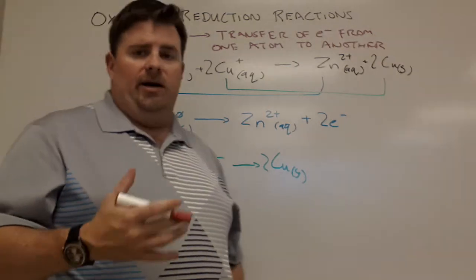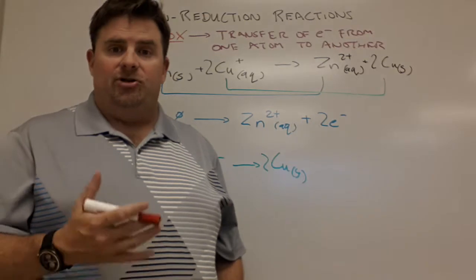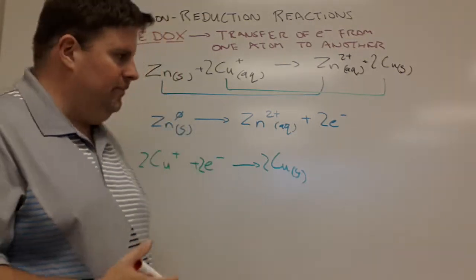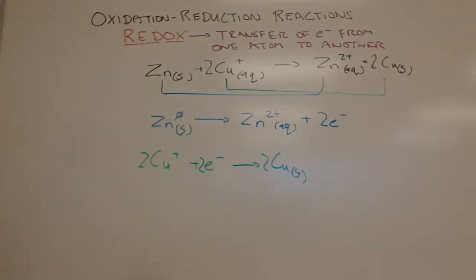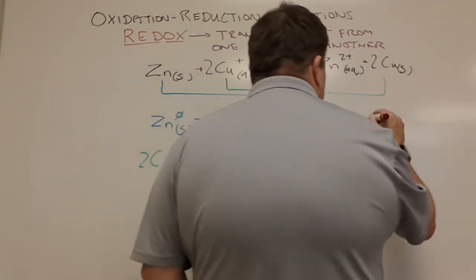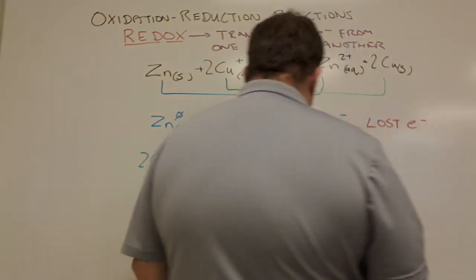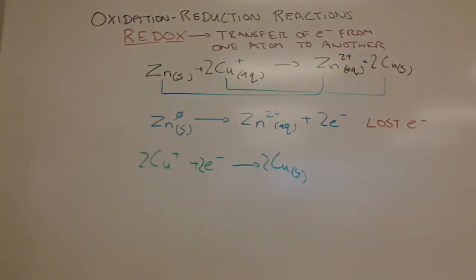Which one is going to be oxidation and which one's going to be reduction? I haven't defined those yet because I want to show you an example, then define them. In the top reaction here, did the zinc lose electrons or did it gain electrons in that half reaction? It lost electrons, okay? Down here with the green, what happened there?